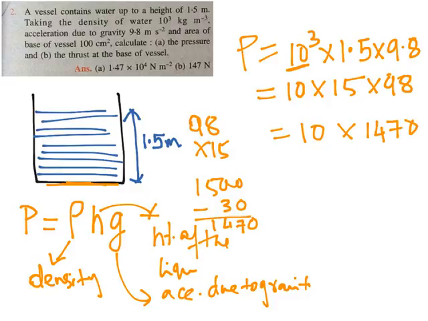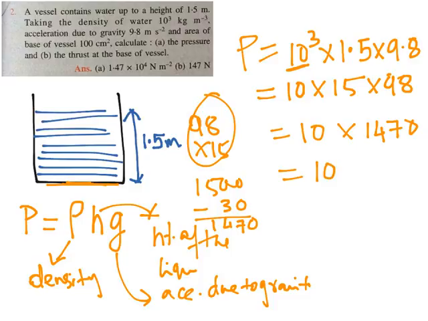So even these difficult calculations, we can do. Now the answer is 10 into 1470, which is 1.47 into 10 to the power 4, so you have to remove the point by one place, two places, three places, and put it out here.